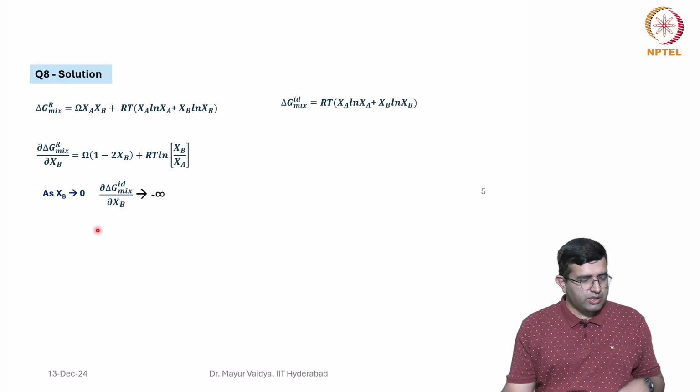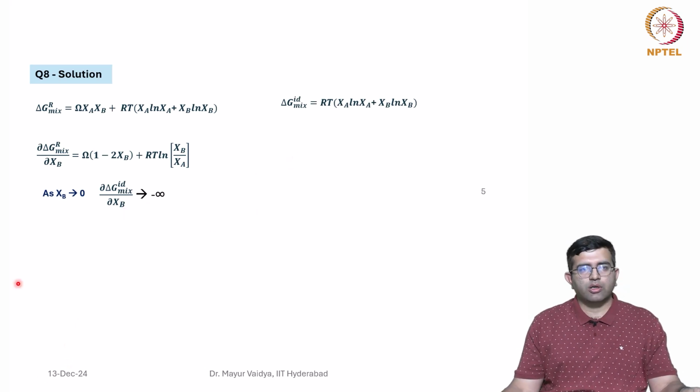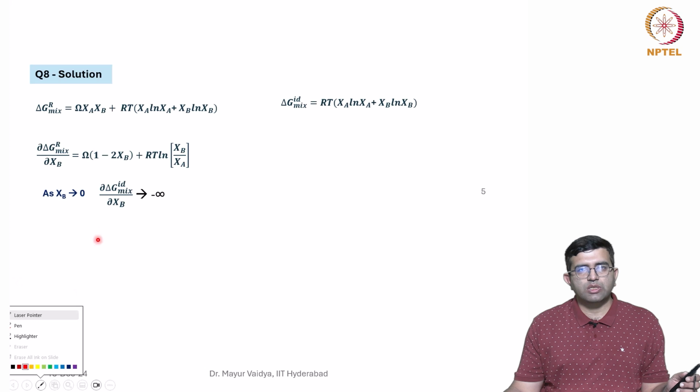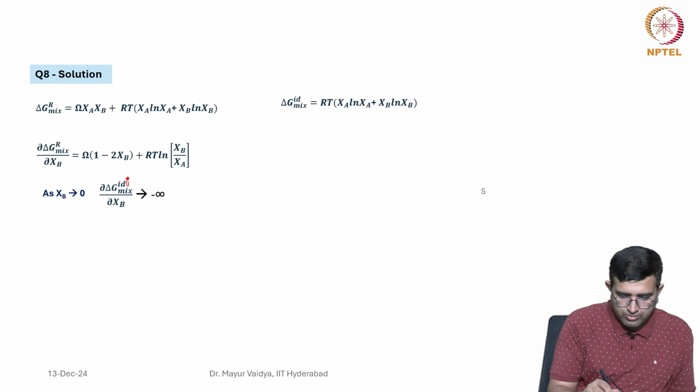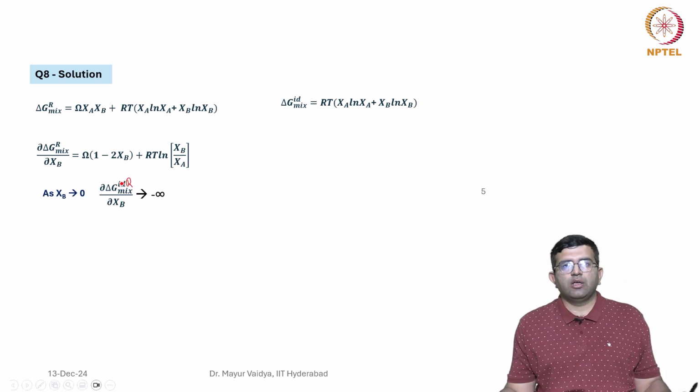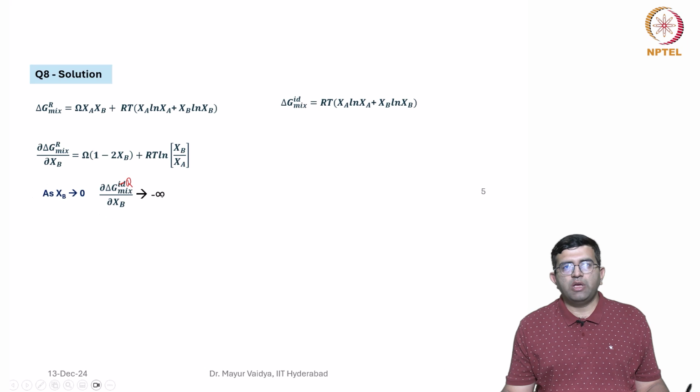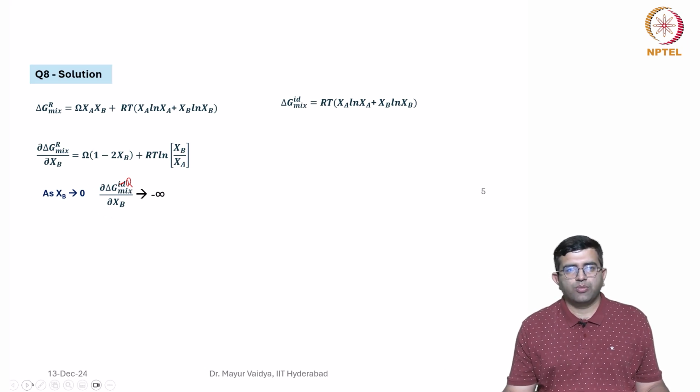There is a small correction, a typing mistake here. So, ∂ΔG mix/∂XB tends to minus infinity as XB tends to 0.